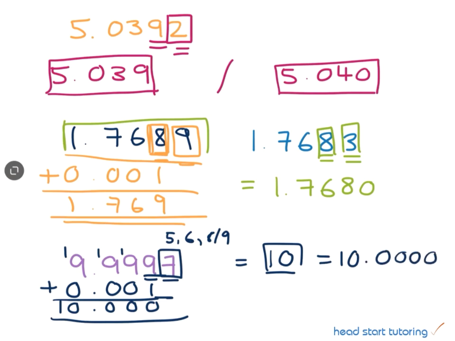But if the number in our 10,000ths column was less than 5, so if it was 0, 1, 2, 3, or 4, then our number would stay 9.999.